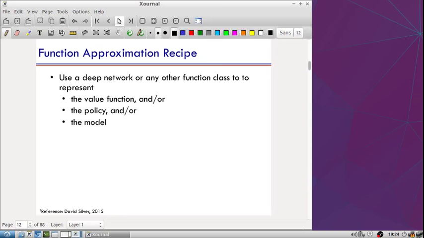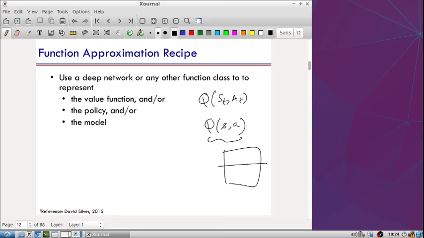Remember Q was a function of s_t comma a_t, or in general for every state and action there has to be a number. So previously I motivated it as a table: for every s and for every a there's a number. Now let's think of this as a function itself. This is a function of two arguments, state and action.